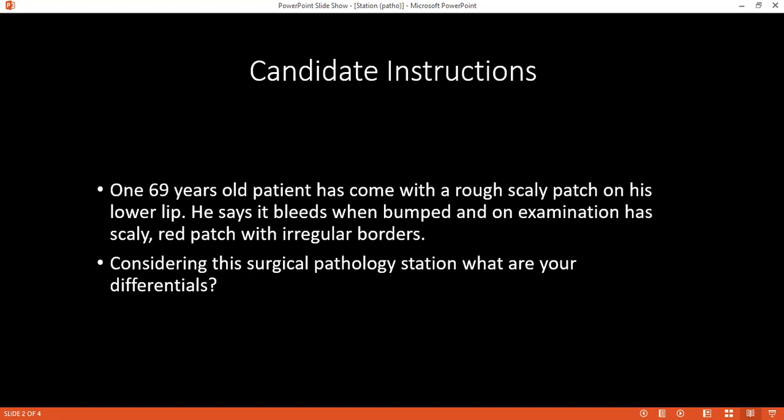Okay, very good. How do you plan to manage the patient with squamous cell carcinoma? So, ma'am, at first, I would like to take some history from this patient, then do a thorough clinical examination of that lesion, and after that, I would like to do some investigations, like the excision biopsy for squamous cell carcinoma.